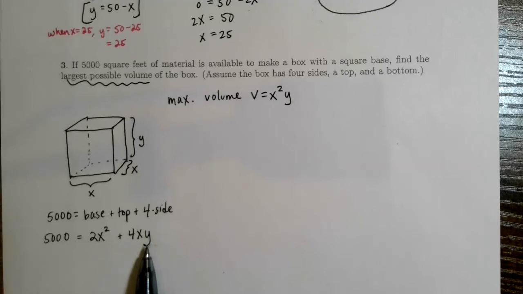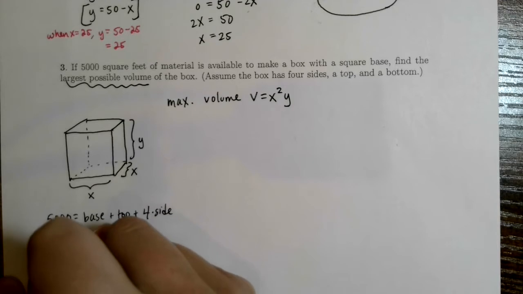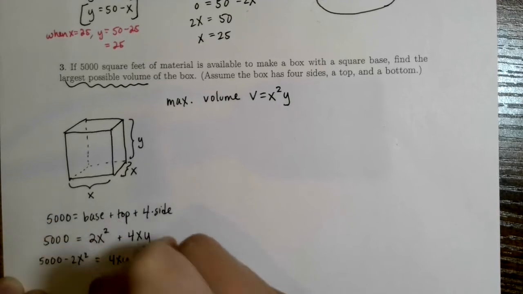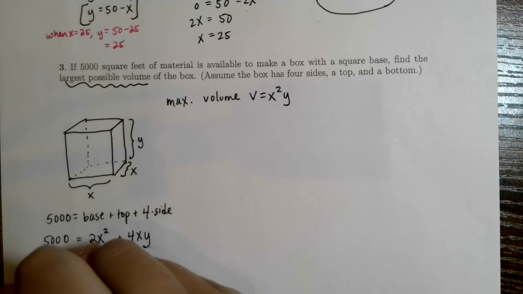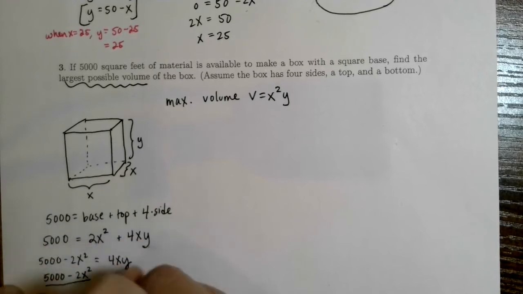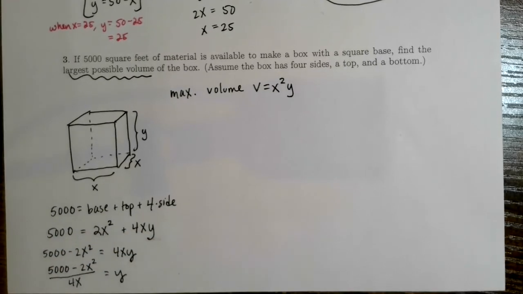So that's definitely what we should do here to make the rest of the problem as clean as possible. So I'll solve this for Y. Subtract 2X squared. And then divide by 4X. And I get that Y is 5,000 minus 2X squared over 4X.